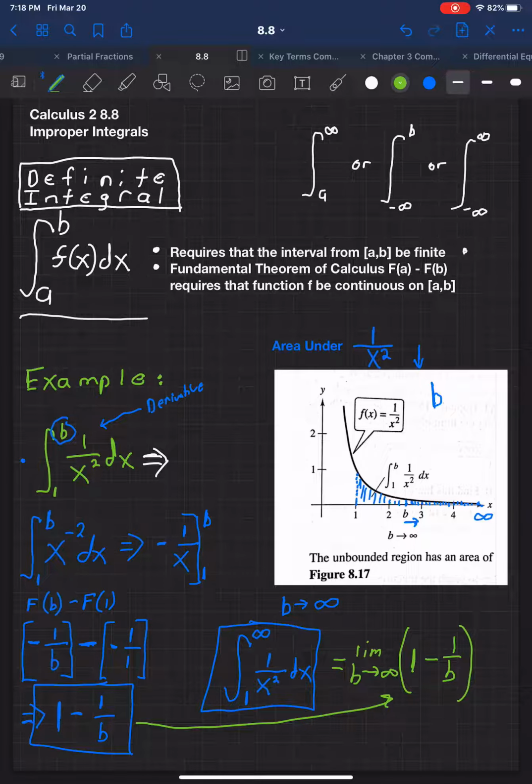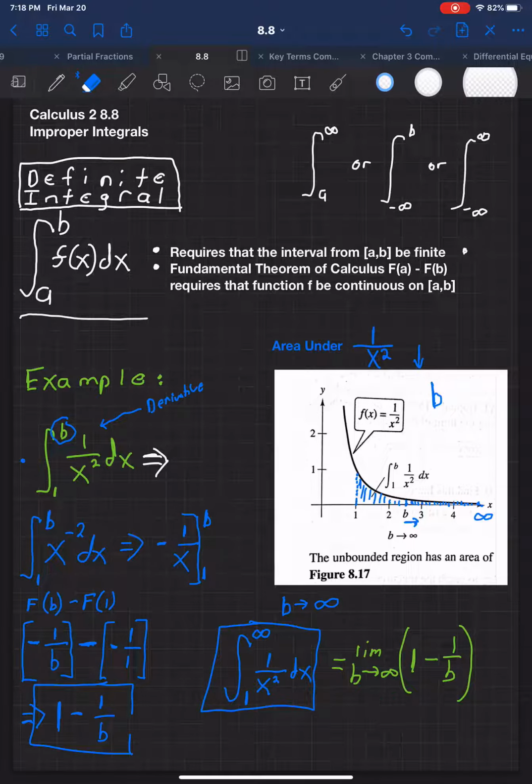Are you with me? If you want to answer this question about the area from 1 to infinity, it's the equivalent of asking what is the limit of 1 minus 1 over b as you allow b to go to infinity.